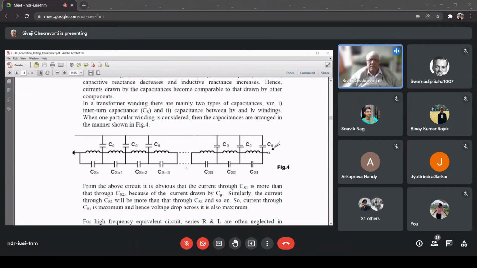In the case of 50 hertz, since these capacitance values are quite low, they will be of the order of say 10 nanofarad or so, the reactance of the capacitance, that is 1 by omega C, will be very high. Whereas the reactance of the series inductance, which is omega L, that will not be that high. So most of the current will flow through the inductance. That's why it was not told to you.